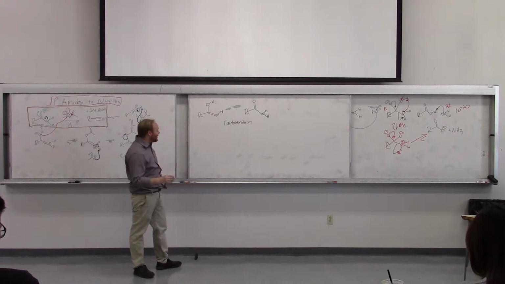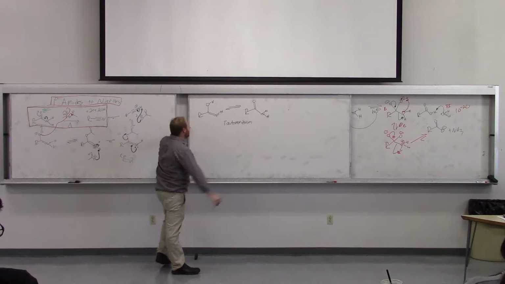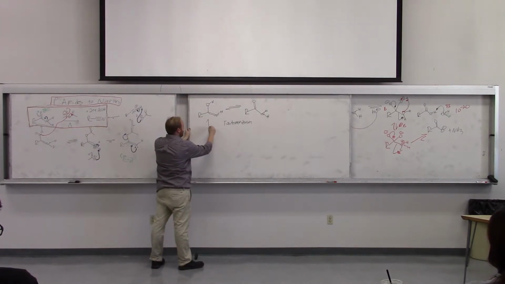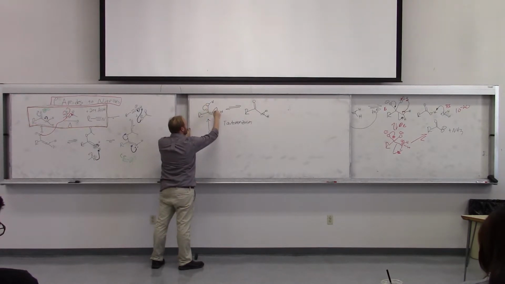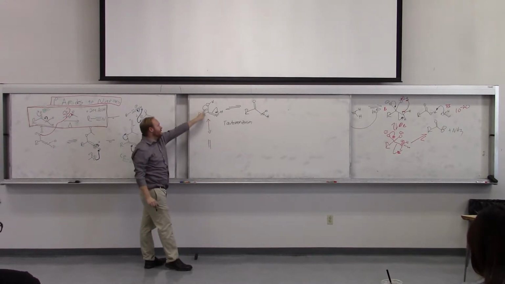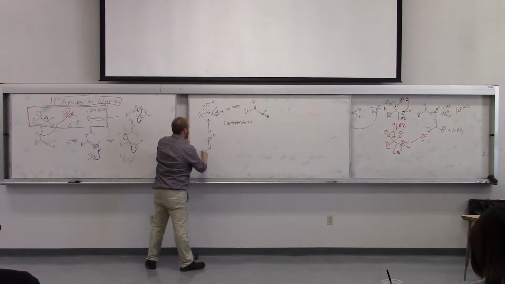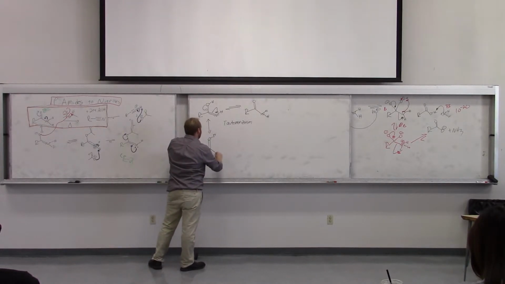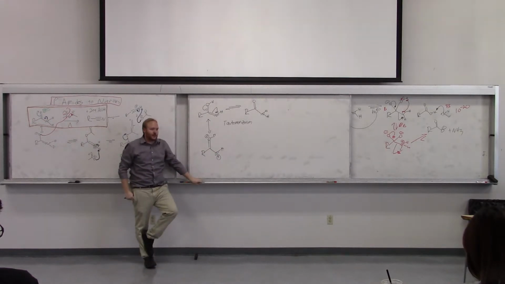And so one way to draw a tautomerization is to take one molecule, and let's draw a resonance structure. If we start from one neutral molecule and we draw the resonance structure this way, that's going to give us a zwitterionic resonance structure.